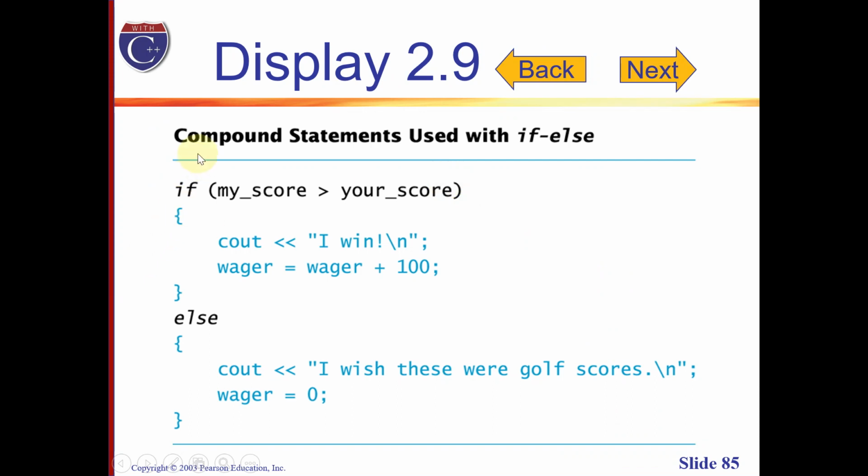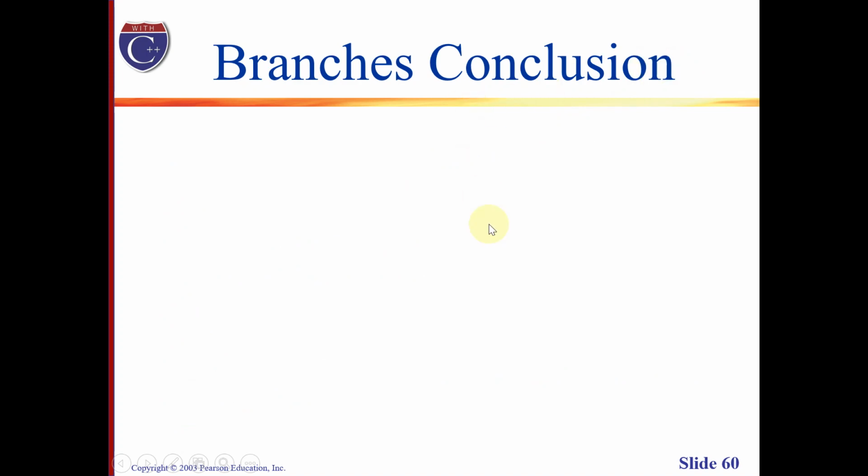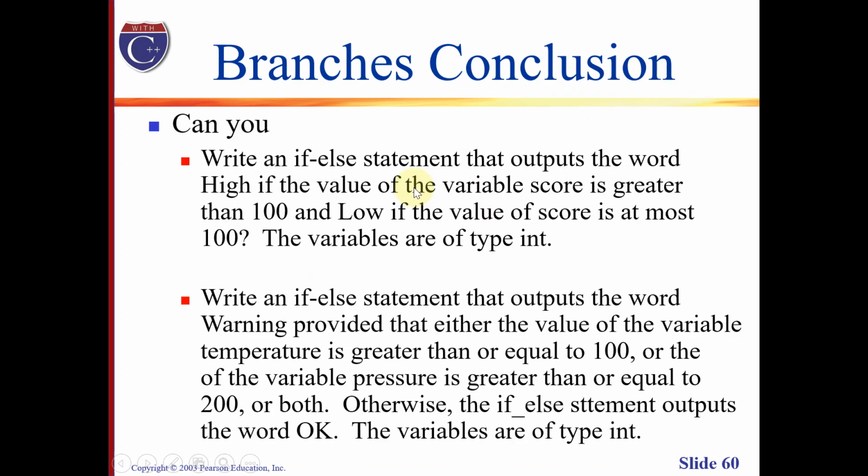As you can see here, this if-else statement uses compound statements. And of course, as you can notice here, those compound statements are enclosed in curly braces. Now that you've learned about branches, you may want to try these exercises for yourself.